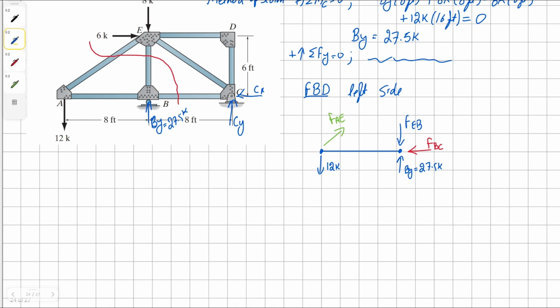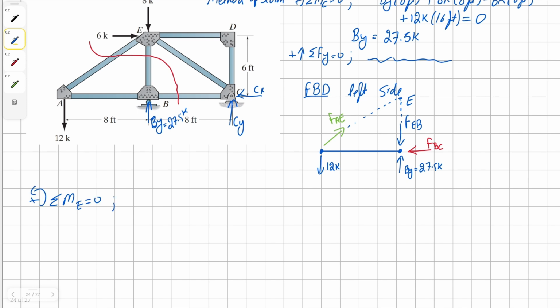To solve this, first of all, because we don't consider any of the other points of this truss, we're going to have imaginary point E, where we're going to take the moment. In doing so, it will help us determine our force member BC.